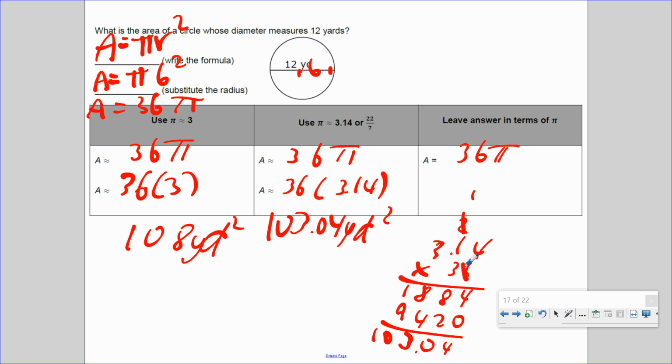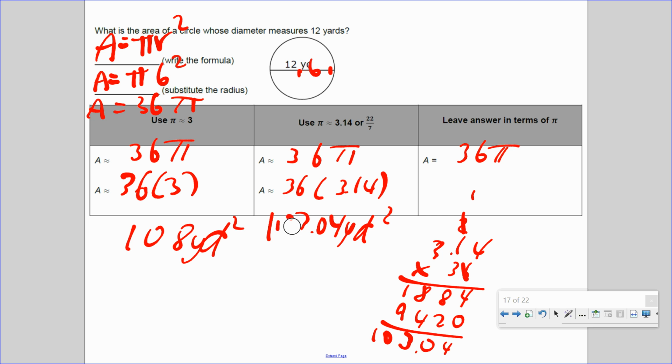Let's make sure I did the math correctly, in case I did not, which is possible. No, I added correctly. Oh, stop. I knew I made a mistake. I had a feeling I made a mistake here. Because if 3.14 is more than 3, how can my answer be smaller than 108? So that's how I checked. I knew I did something wrong.